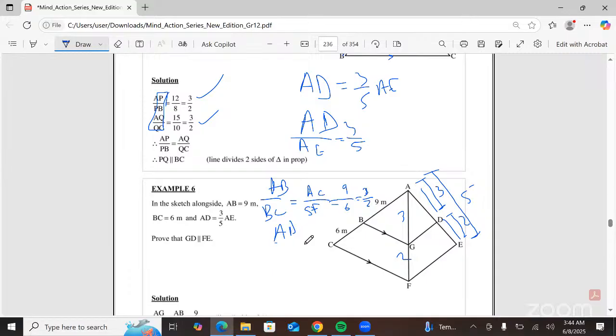AD over DE gives me 3 over 2 as well. So now, since AD over DE is equal to AB over BC, you can now conclude that GD is parallel to FE, then you are done. Does it make sense now?